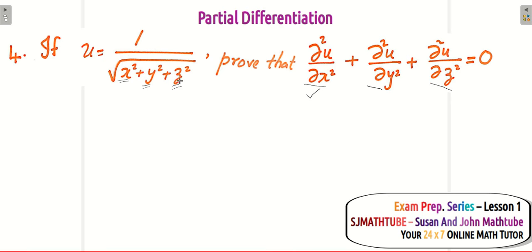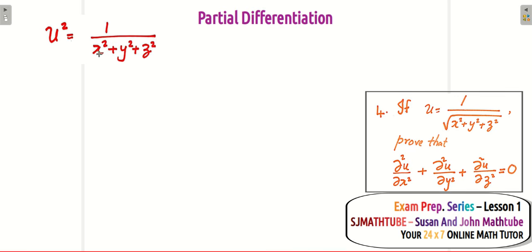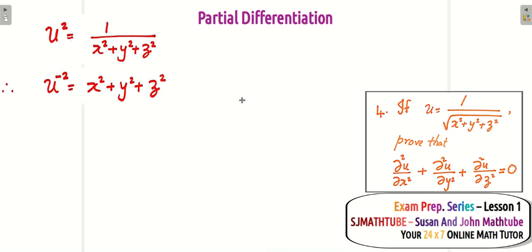Okay, now let's start. I'll write the question here. Anyway, I don't like this square root, so I squared on both sides. And I hope you remember 1 by a to the power n is a to the power minus n. So I'm going to cross multiply and apply these things, and I end up like this.